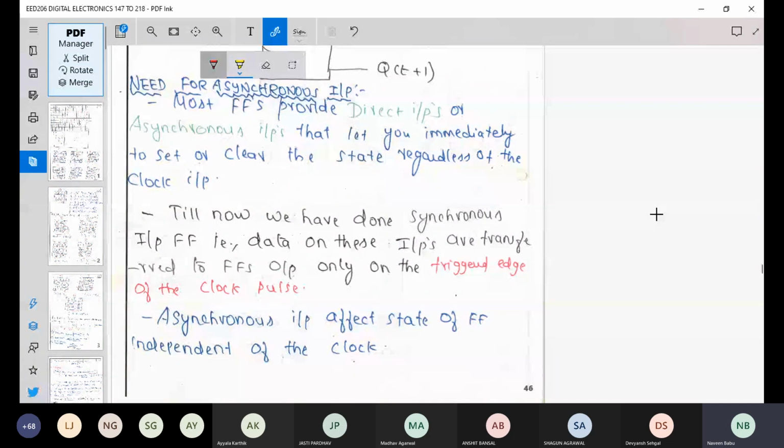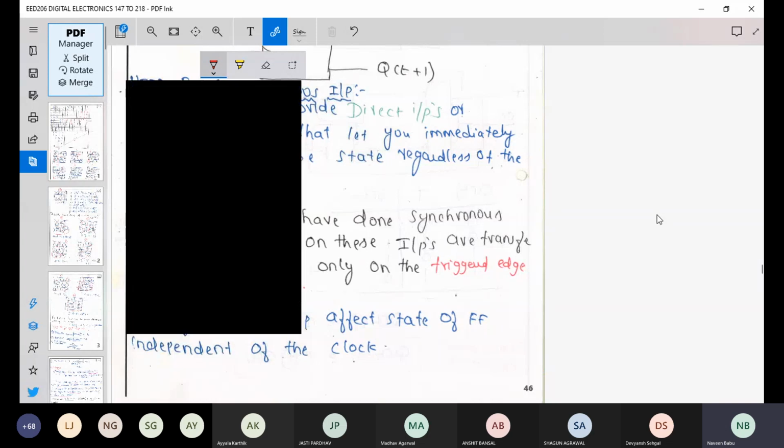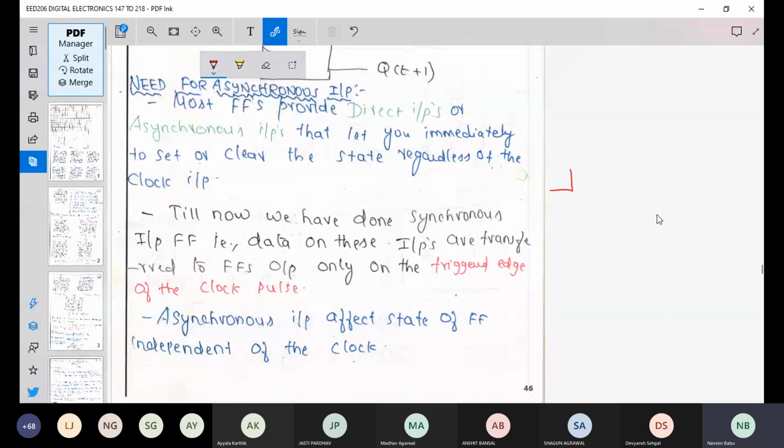Whenever you have an edge trigger, your flip-flop will continue to operate. Whatever we have done till now is a synchronous kind of flip-flop. We don't have a controlled input across our flip-flops. So asynchronous inputs are definitely going to affect the independence of our clock.